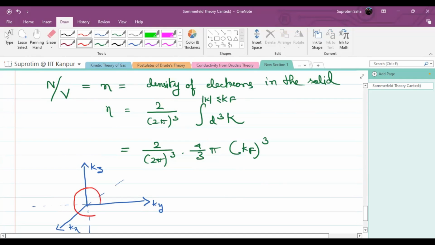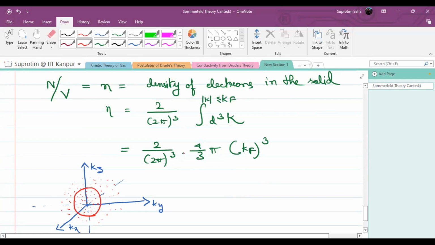The momenta states are distributed discretely in between, spread all around, but because of the Fermi distribution going to 1 for k less than kF, the energy levels will be filled up to this Fermi sphere.